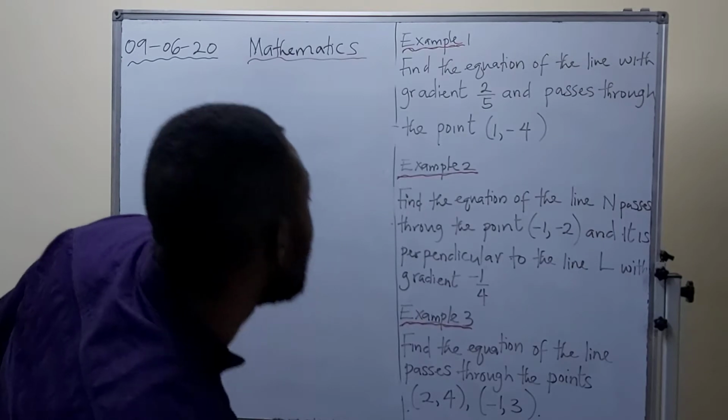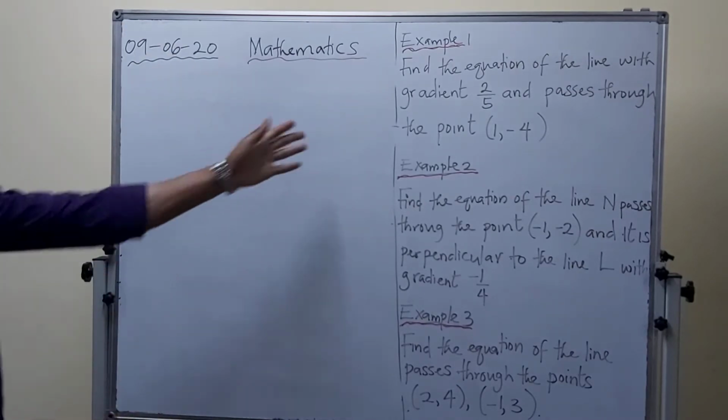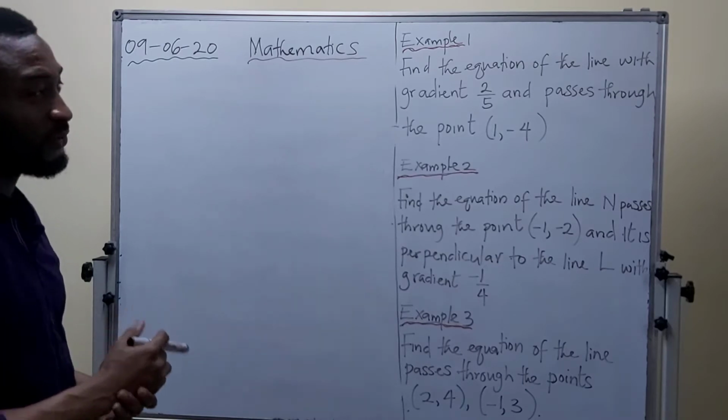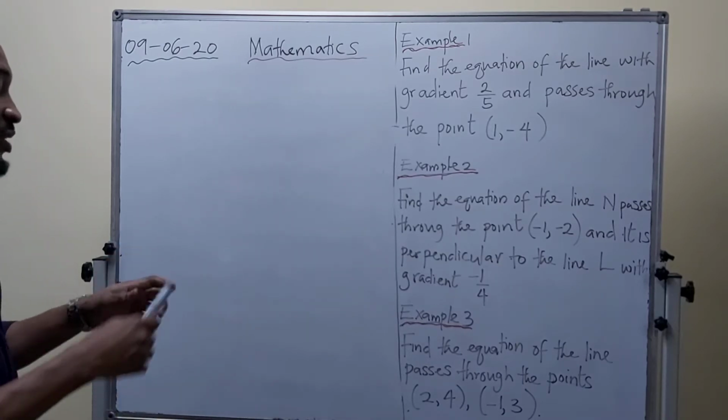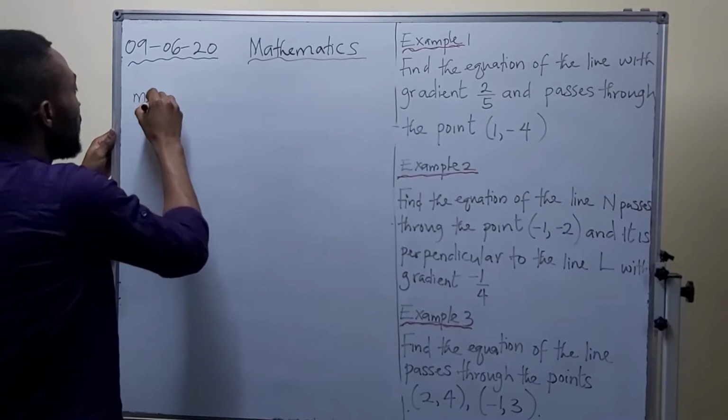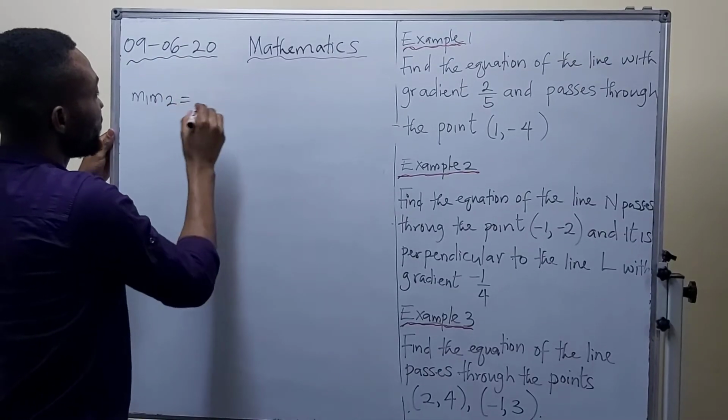Now I begin from example 1. In the last class, if you remember, I told you to keep some formulas in mind. Let me repeat them for you. The first one is m1 times m2 is equal to -1.